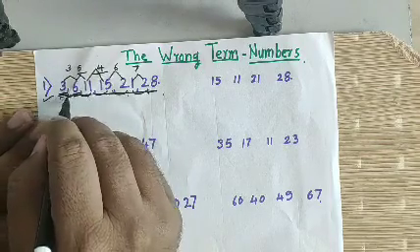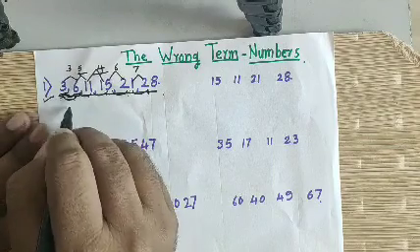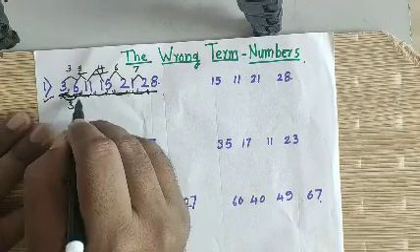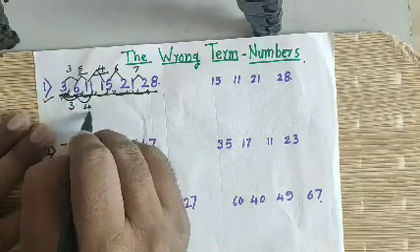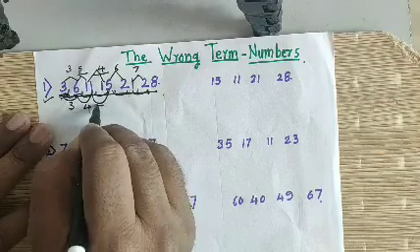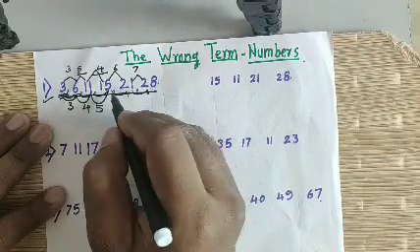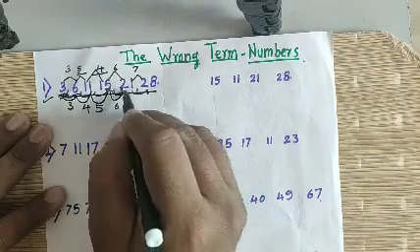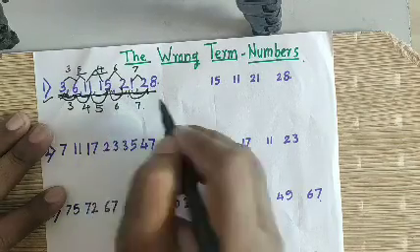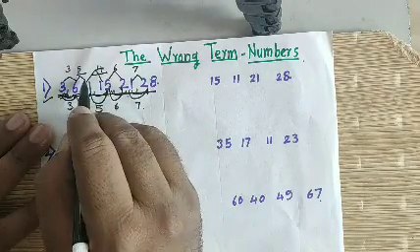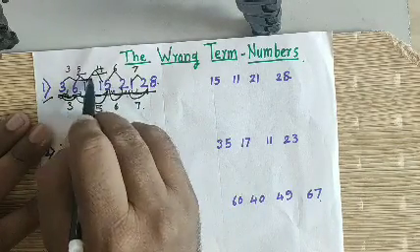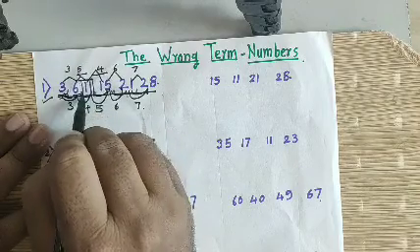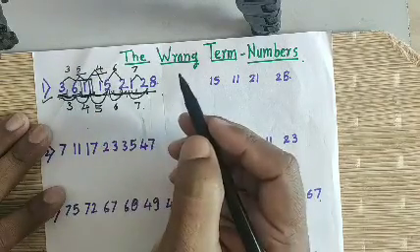So the differences must be 3, then 4, then 5, then 6 and 7. Here we find that 11 does not fit in this number series.